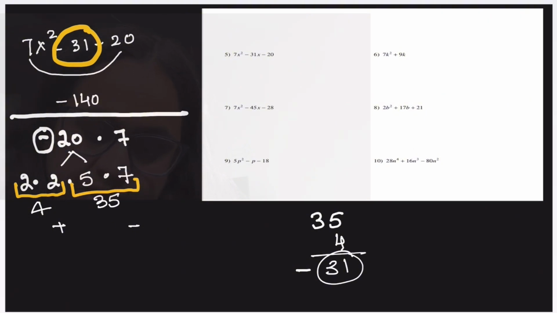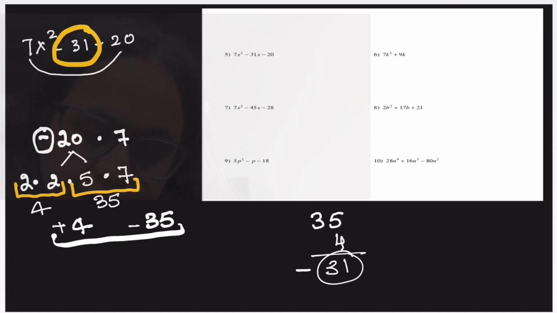So since the sign of the middle term is negative, the greater factor would be a negative factor here. So I will take 35 as a negative factor and 4 as a positive factor, and you can check that negative 35 times 4 will give you negative 140, and when you add them you get negative 31x.